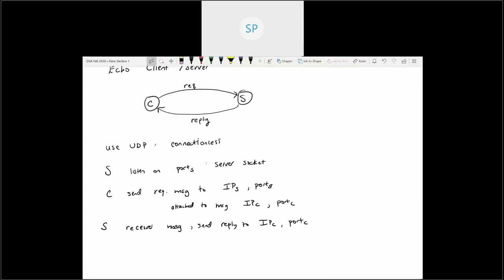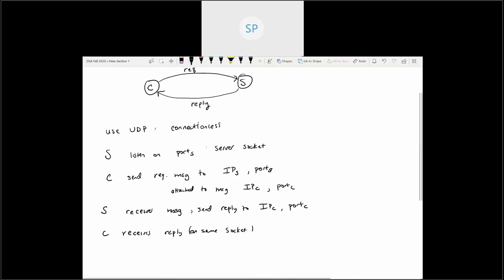And so in order for this to work, basically the client has to send on this IP address and port, and then it has to receive, like look for data coming back on that same socket, right? So the same socket that it used to send the message is going to receive the reply from the server. So it's going to receive the reply. And this is going to be on the same socket, right? And then, in our application, say it's going to print some output, right?